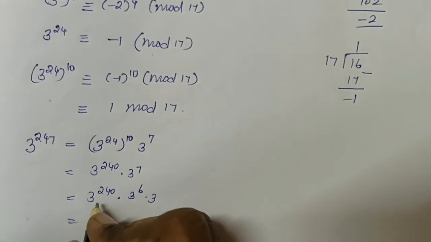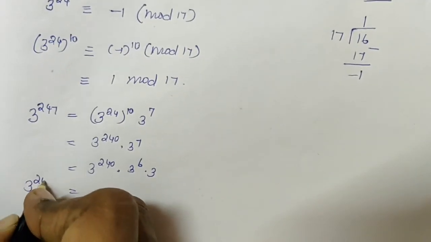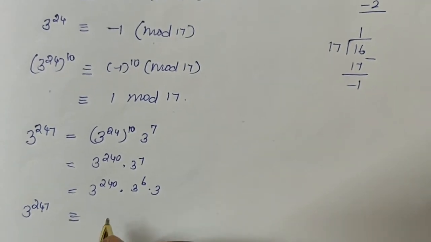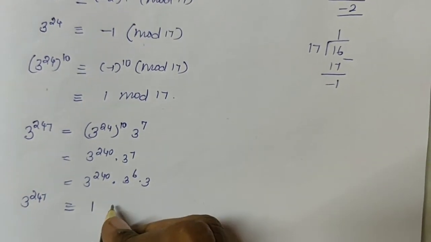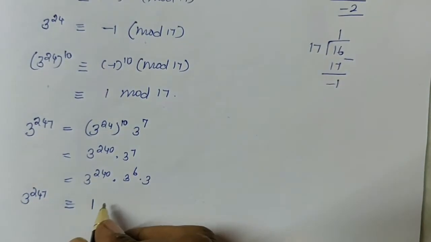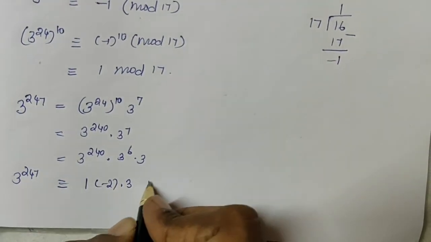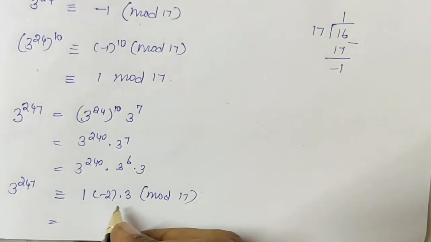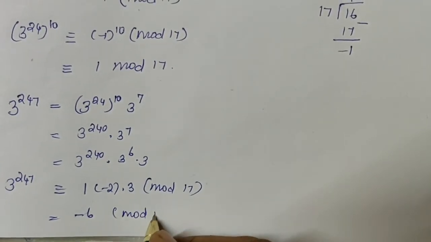So 3 power 247 is congruent to 3 power 240, whose value is 1, times 3 power 6, whose value is minus 2, into 3 mod 17. That is 1 into minus 2 into 3, which is minus 6 mod 17.